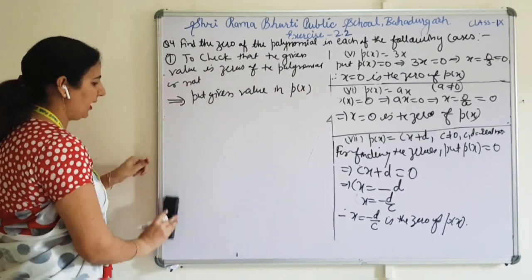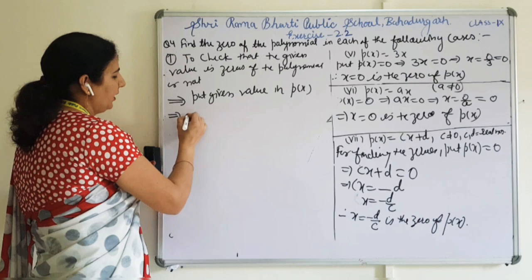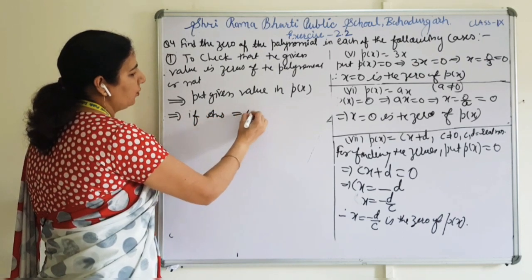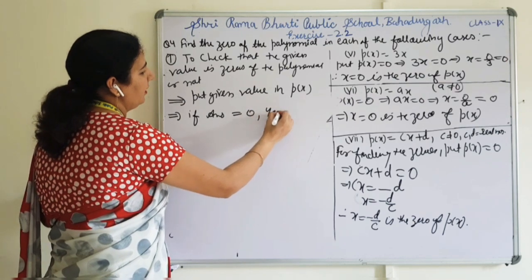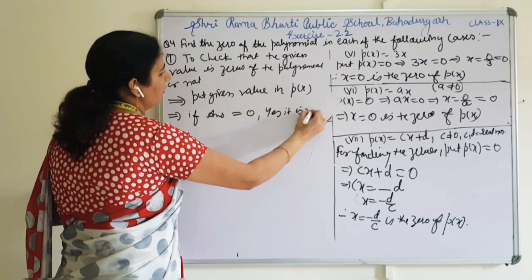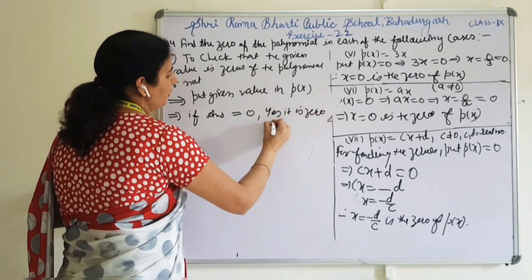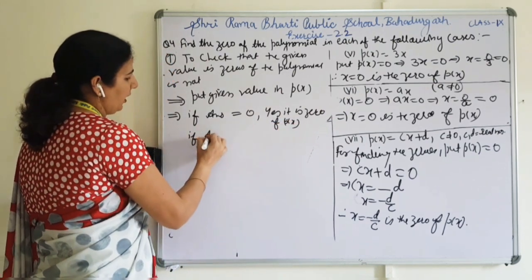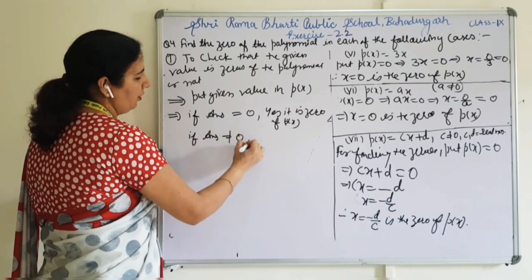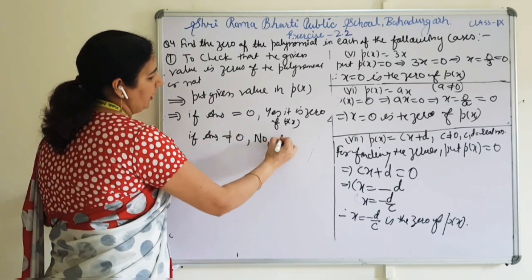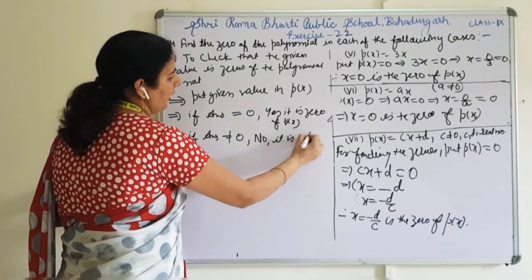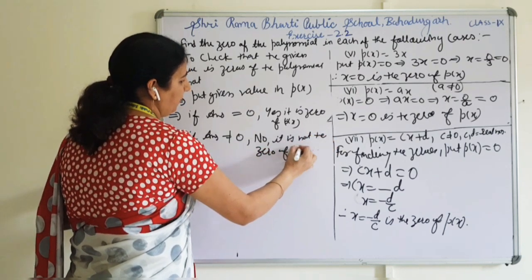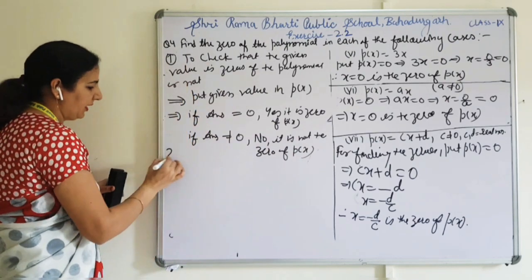Next step, if the answer is equal to 0, then yes, it is the 0 of the polynomial, 0 of Px. If the answer is not equal to 0, then no, it is not the 0 of Px. This is the first method.